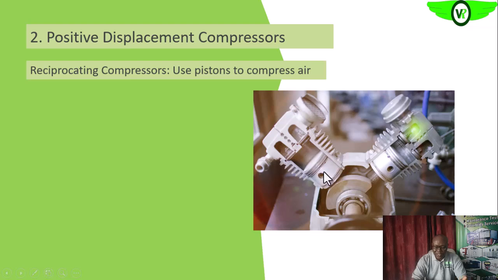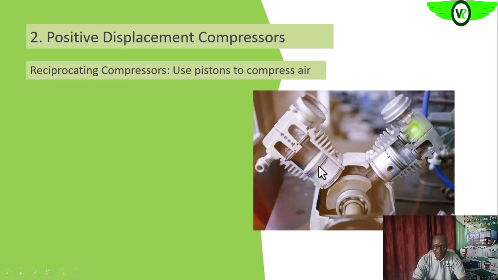This is the piston, and this is the crankshaft tied to your driver. The crankshaft together with the piston and this connecting rod will convert the rotating mechanical motion from your driver into this to and fro movement, or reciprocating movement, that we actually need.